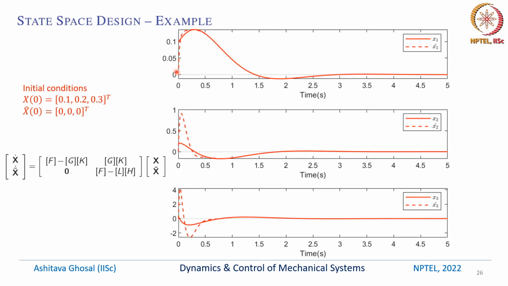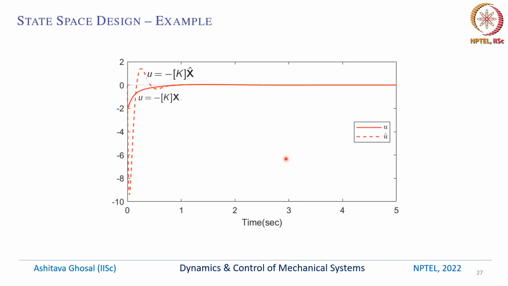What you can see is, after a very short time, less than 0.5 seconds or about that, x1 and x1 hat are very close to each other. x2 hat approaches x2, and x3 hat approaches x3. So even though the initial conditions are very different, the estimates match the states.